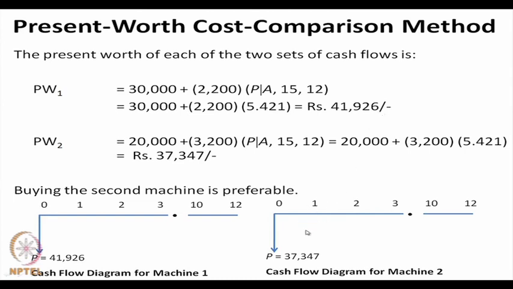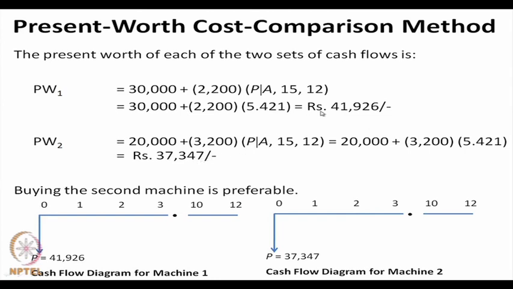A similar procedure we followed for machine 2, initial price 20,000 and the annual annuity 3,200 maintenance expense multiplied by the equal payment series present worth factor, read from the table as 5.421, that came to 37,347.